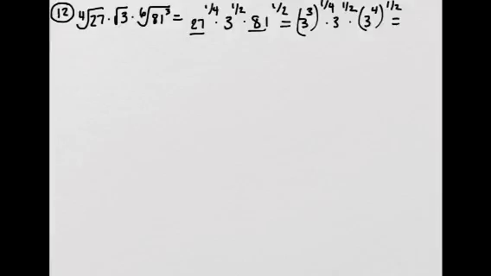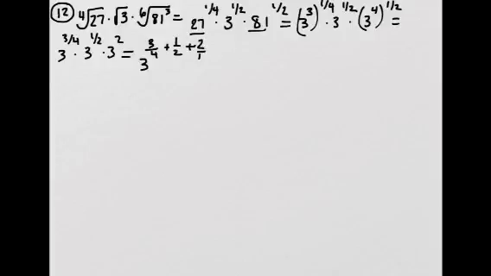Okay, so now multiply the power to power. So like right here you have power to power, and here you have power to power. So it's going to be 3 to the 3/4 times 3 to the 1/2 times 3 squared. So now we're going to add all the exponents together. So 3 to the 3/4 plus 1/2 plus 2.